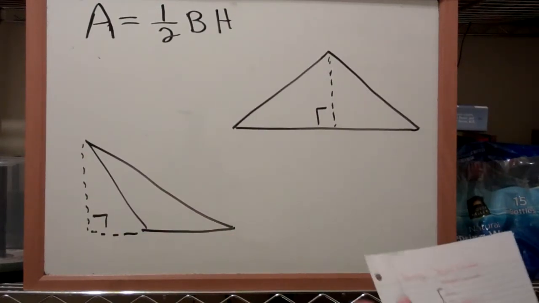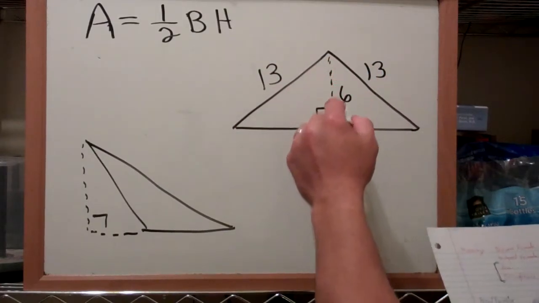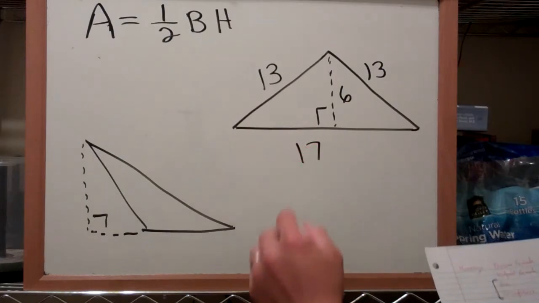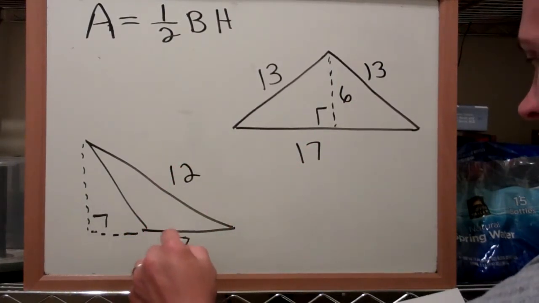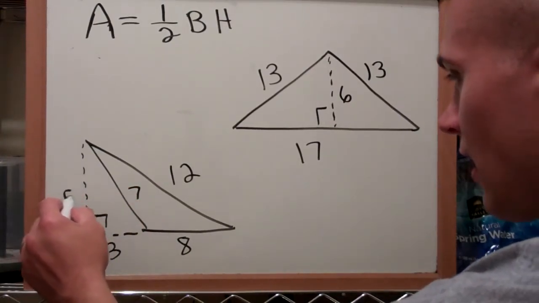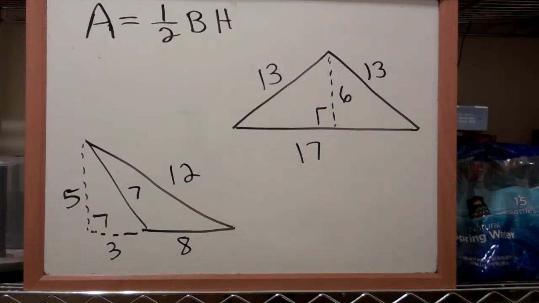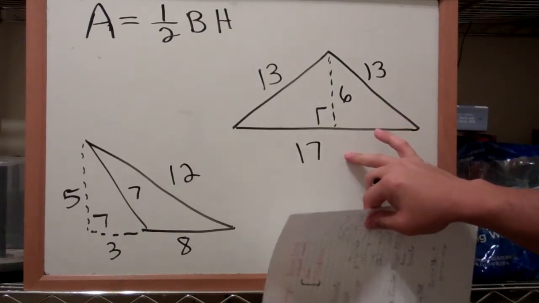So let's say I threw some numbers in here where I said 13, 13, let's say 6, and let's say 17 here. And then on this triangle we had 12, 8, 3, 7, and 5. And so let's start with this triangle here. We have the height is 6, the base is 17.